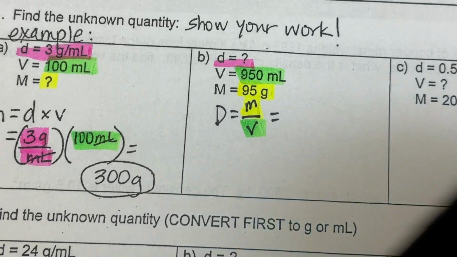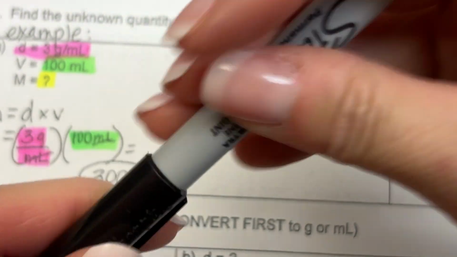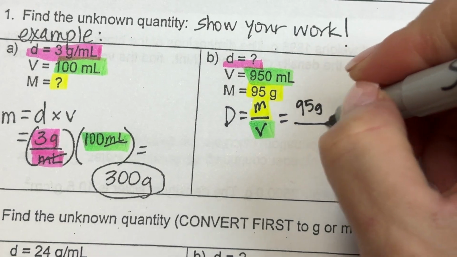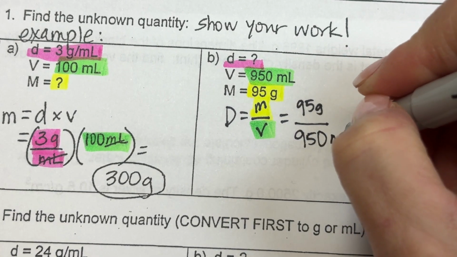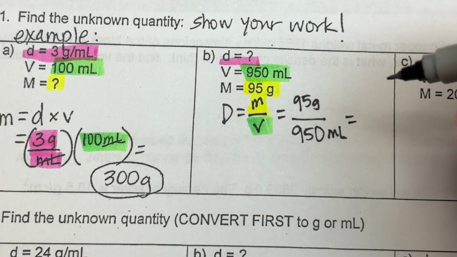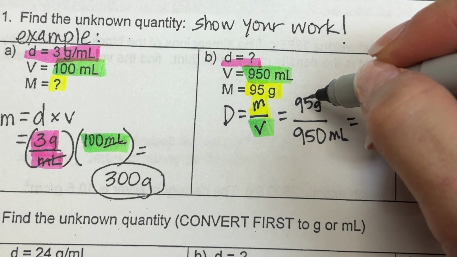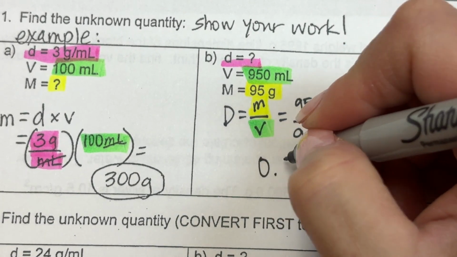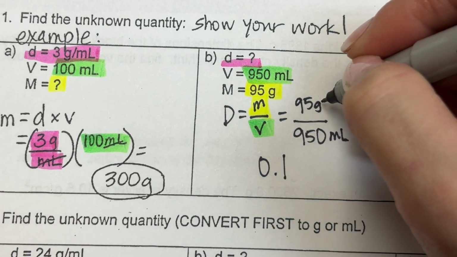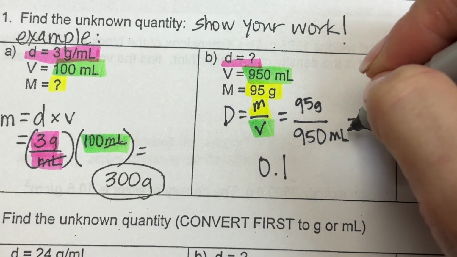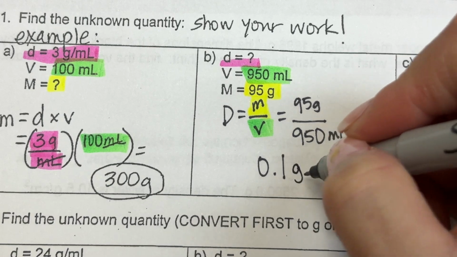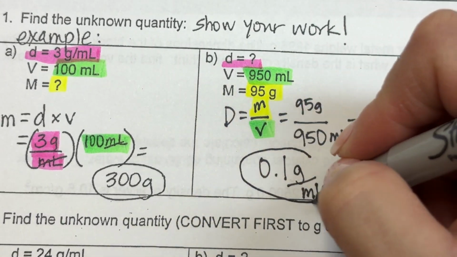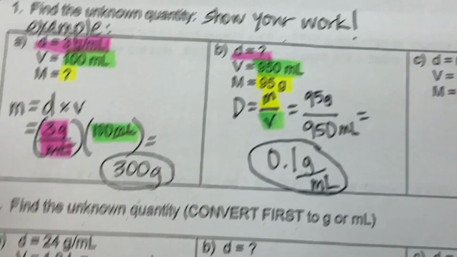So what I'm going to do is put 95 grams divided by 950 milliliters. In my calculator, I'm going to type in 95 divided by 950. That equals 0.1. And then this part here, grams over milliliters, is going to stay the same, because it can't simplify any further.